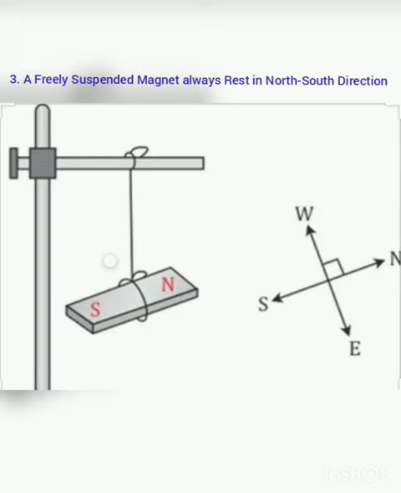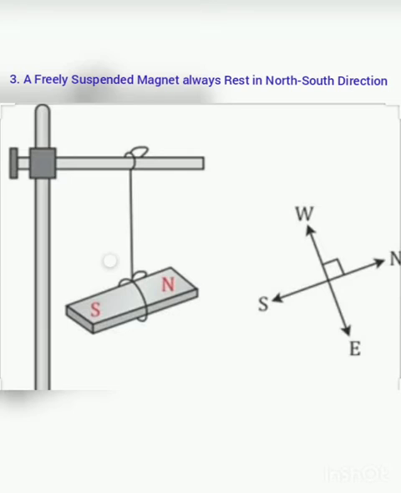This is called the directive property of the magnet. All of you got it? Directive property of the magnet.